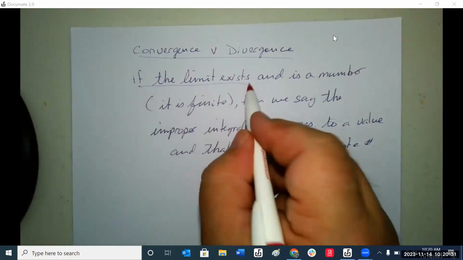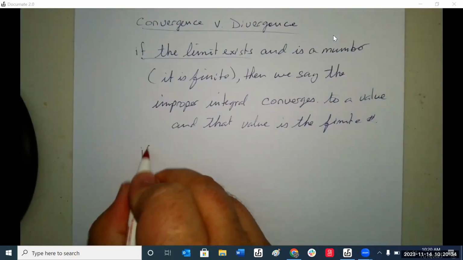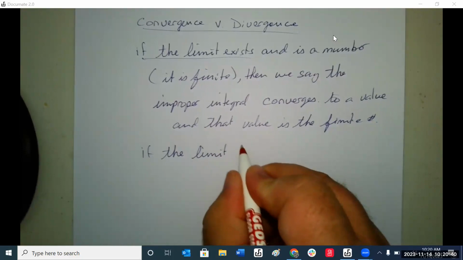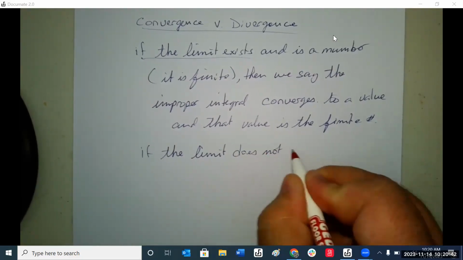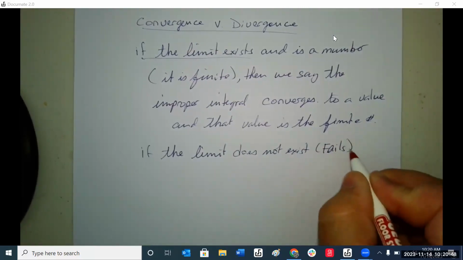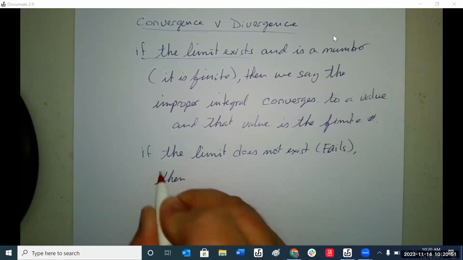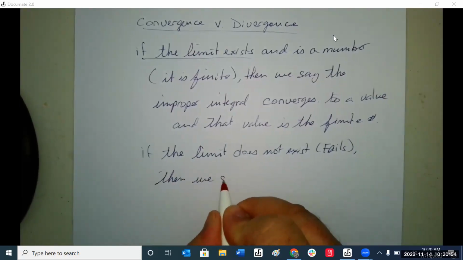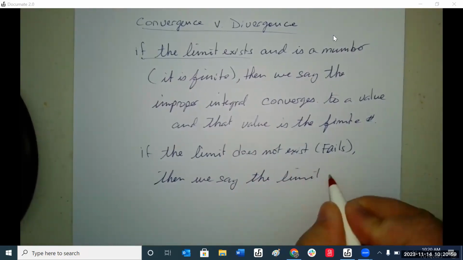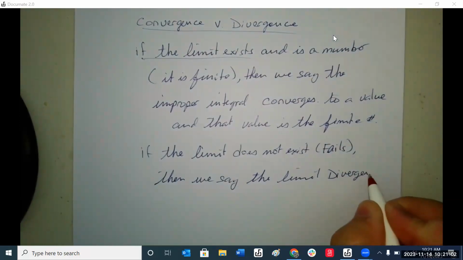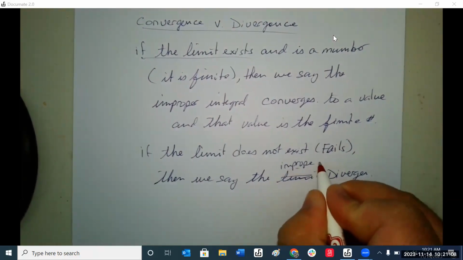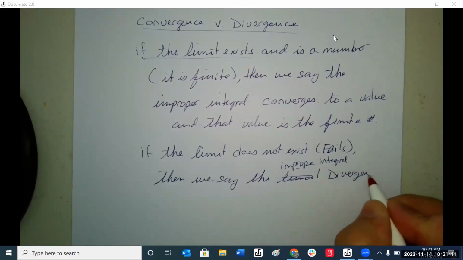So that's if the limit exists, one of those examples we did in the past. If the limit does not exist, in other words, it fails, then we say the limit diverges. I mean, not the limit, but the improper integral diverges.